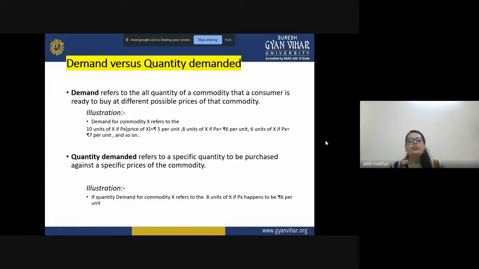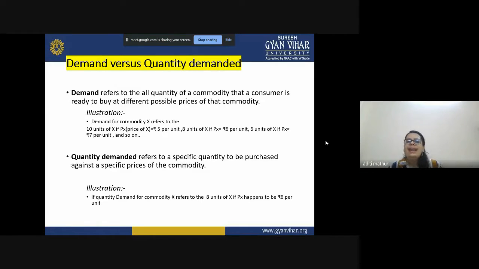So, what is the difference between demand and quantity demanded? Demand refers to the quantity of a commodity that a customer is ready to buy at different possible prices of that product. So, let us take an example and understand. Let's assume that we all want to buy commodity X, right? And we are saying that I want to buy 10 units of X only if it is 5 per unit.